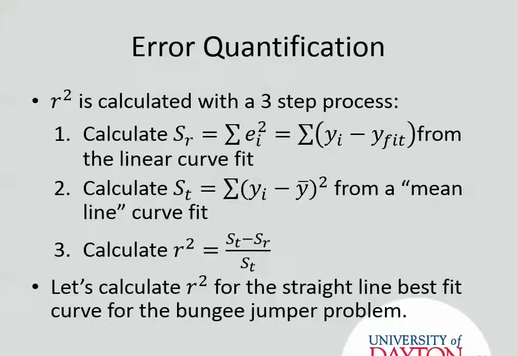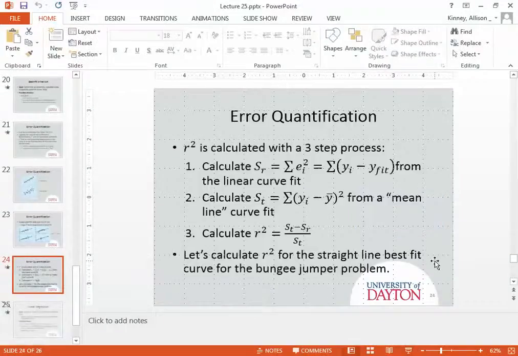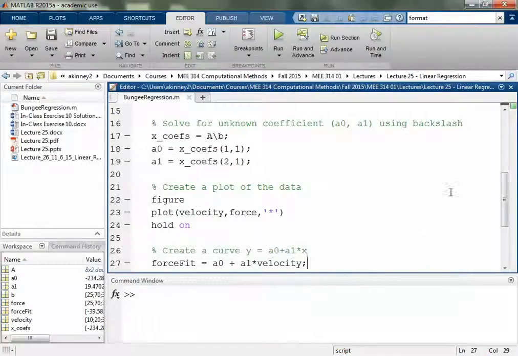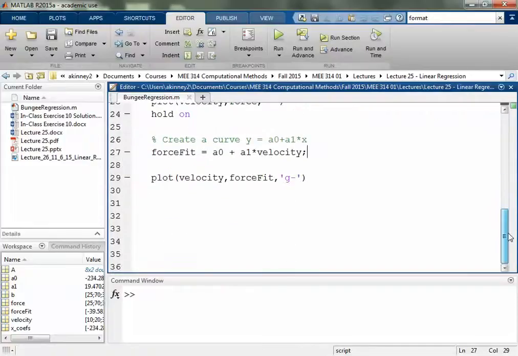So let's jump back to MATLAB and calculate that for the bungee jumper problem. If we jump back over to MATLAB, what we did at the very end of class last time was we plotted. So the only thing we have left to do is actually calculate our r-squared value.